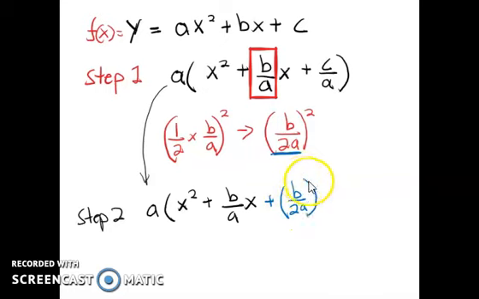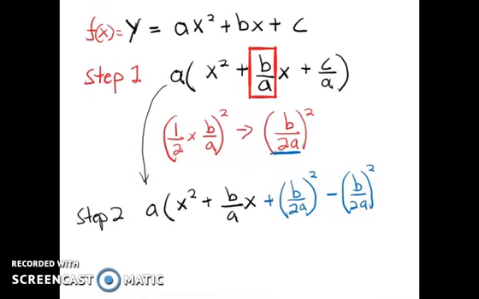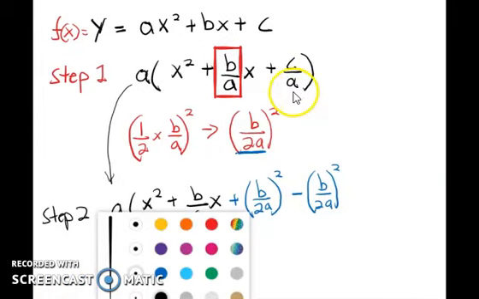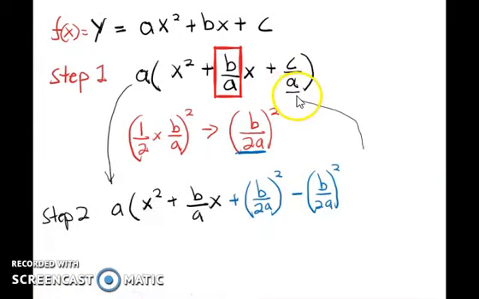We add this term, and then we minus this term. And not forgetting the term c over a, so we just have to add c over a. Then we close the bracket.